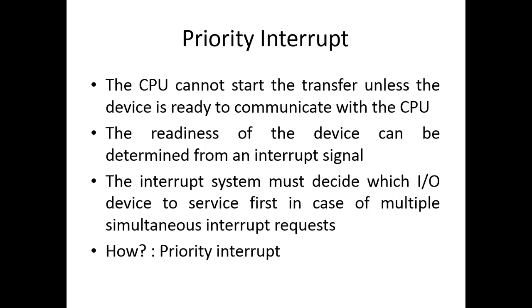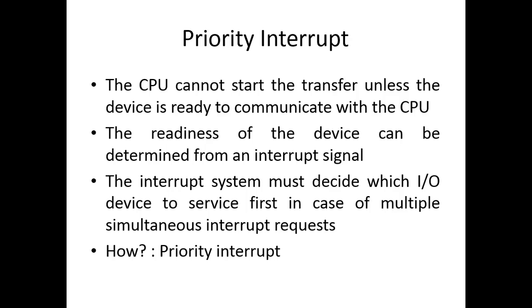The next topic is priority interrupt. In commercial computers, many peripheral devices are attached to the computer system, and it is possible that many of them generate interrupt signals to access the CPU or memory unit simultaneously. Now, if the device requests are not conflicting and if the computer is able to serve the requests at the same time, then there is no issue.